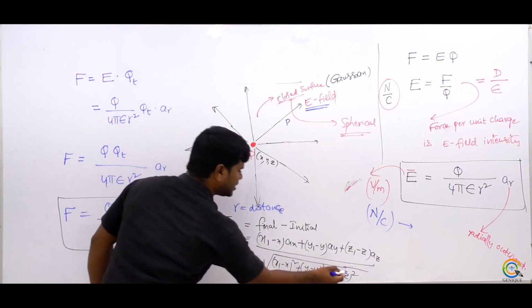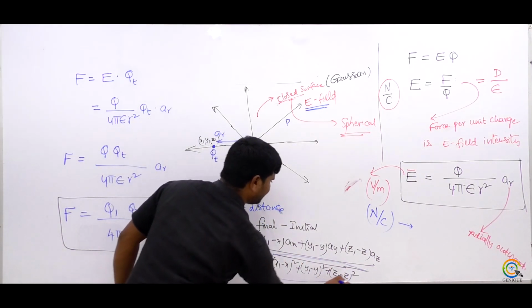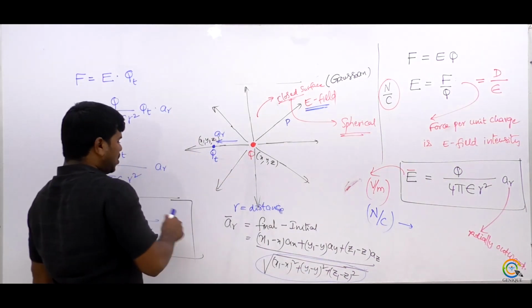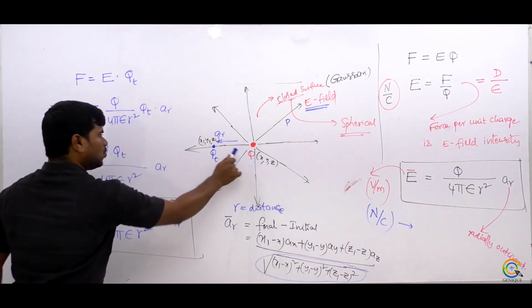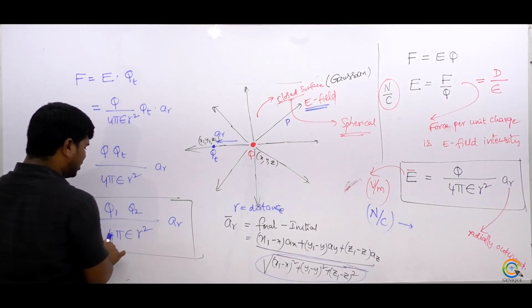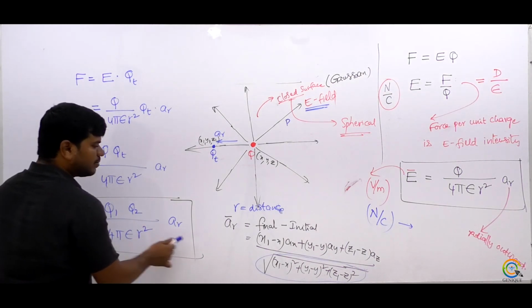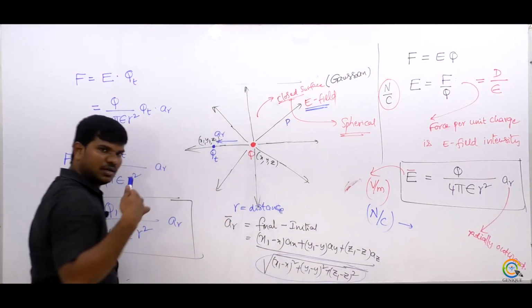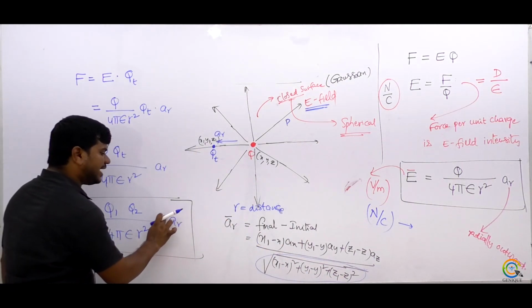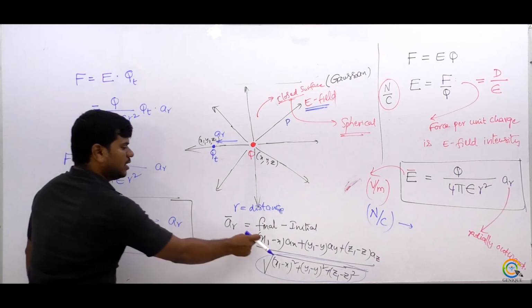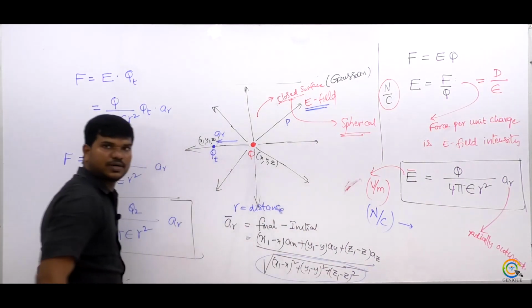The denominator part is R. Okay. So we can directly write Q1 QT divided by 4 pi epsilon R square. Already we know this value. R is nothing but this value. Okay. AR, you have to write AR. AR is nothing but this one. The entire portion you have to write.